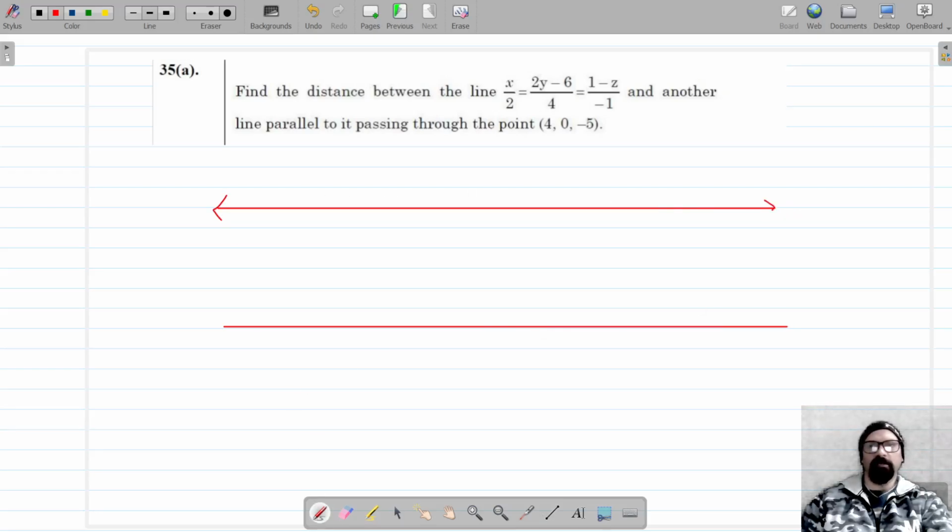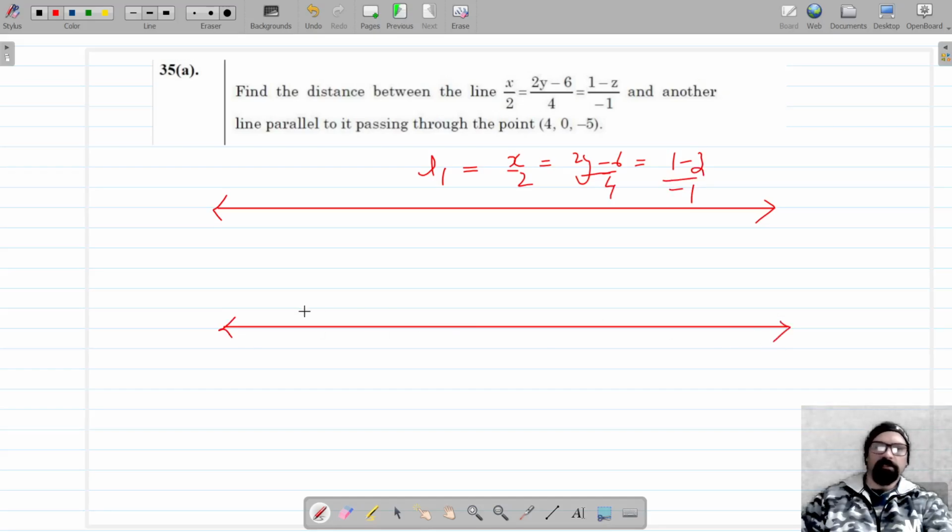So let's say this is line L1, and its equation is x by 2 is equal to 2y minus 6 by 4 is equal to y minus z by negative 1.